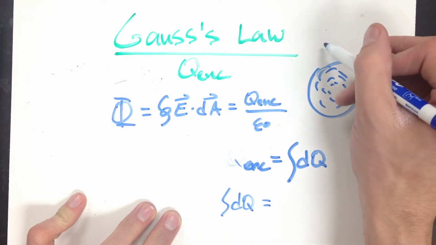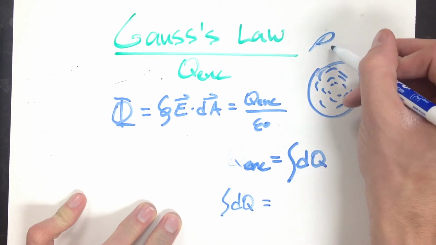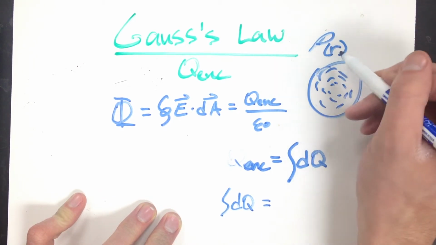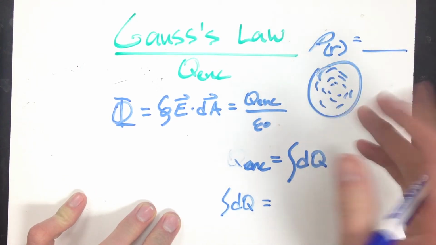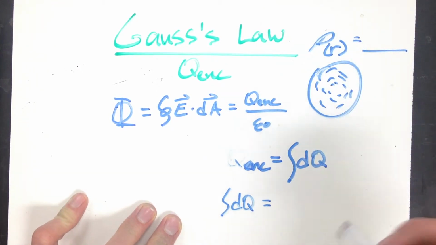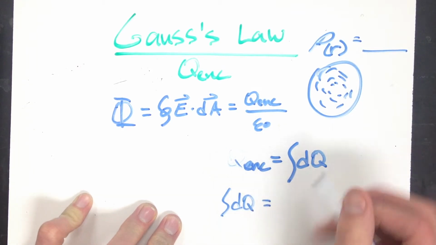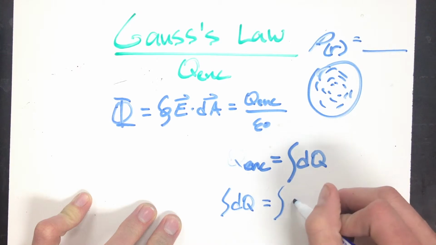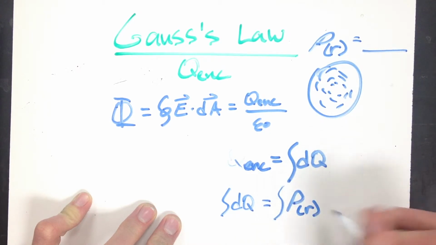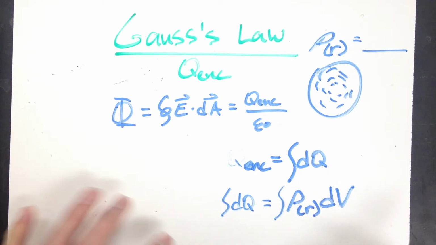So we would end up with a volume charge density being a function of r, equal to some function depending on what type of distribution you have. So the integral of dq, how that charge is changing, would be the integral of my volume charge density with respect to how volume is changing.